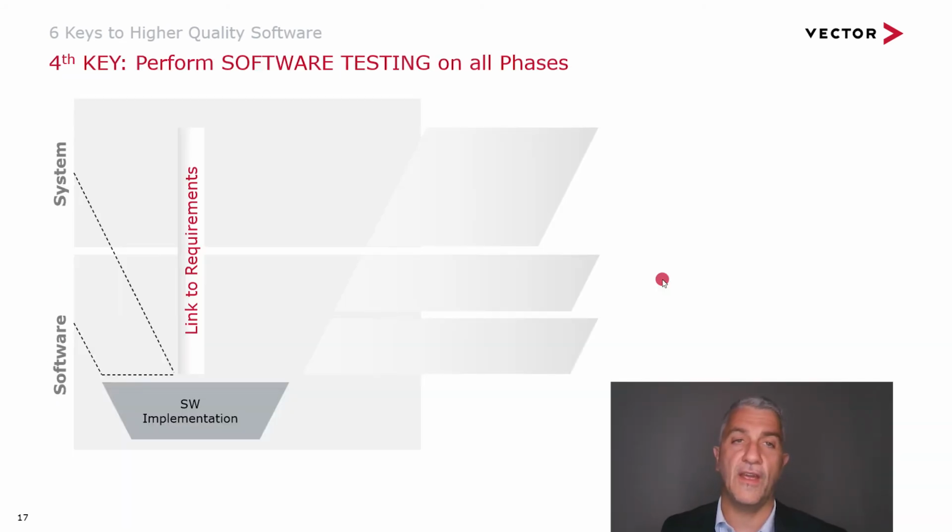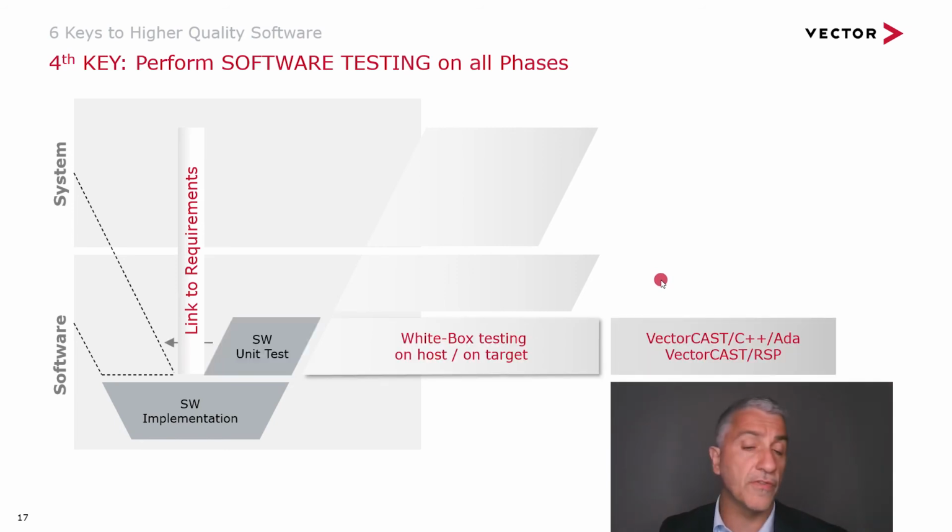The third key is to perform software testing on all phases of software development. Starting from the implementation, you can do software unit test, so you can perform white box testing on host or on target thanks to VectorCast C++ and Ada, and with the RSP, the runtime support package, to run on the target.